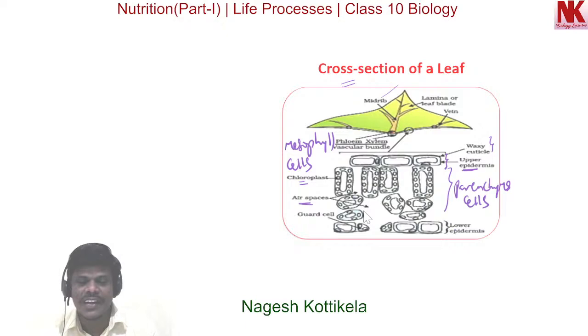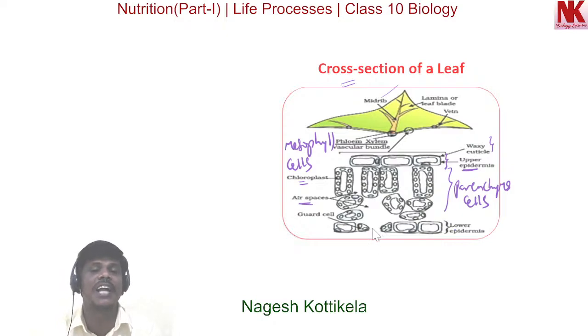Here we see tiny pores, which are called stomatal pores, through which gaseous exchange occurs. Surrounding the stomatal pore the guard cells are present, and they regulate the opening and closing of stomatal pores. So this is about the cross section of a leaf.